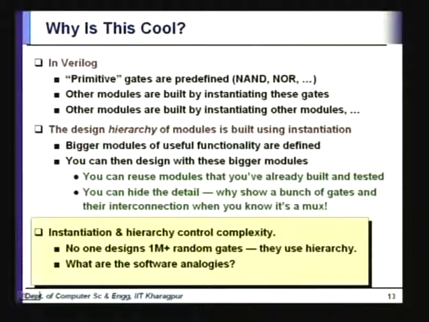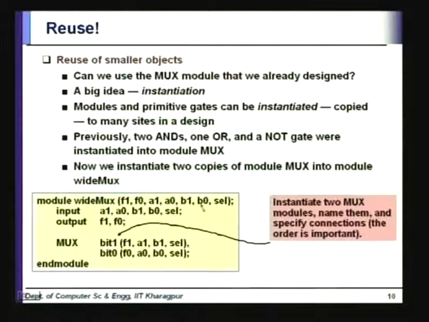So, you can use modules that you have already built and tested. You can hide the details, because you are just instantiating the module. The inner part of that module is not visible in the top module. For example, the actual details of the mux are not there, which is good, because you know it is a mux and what it is supposed to do.